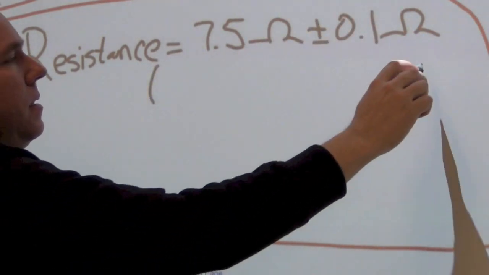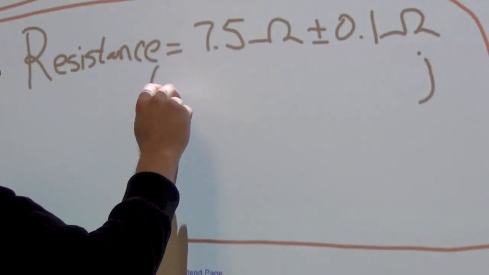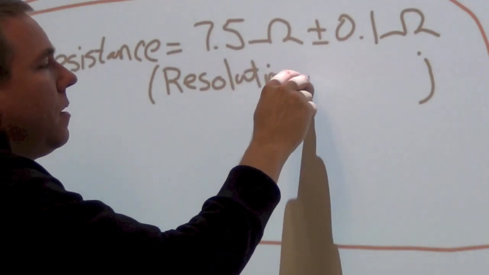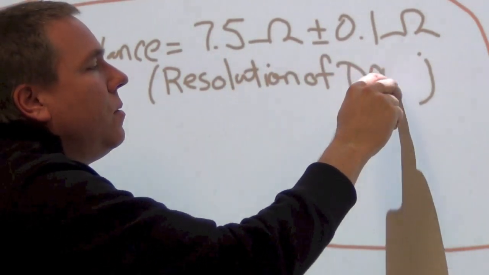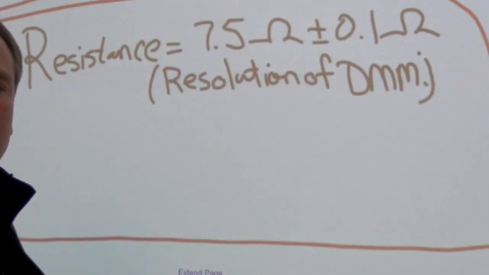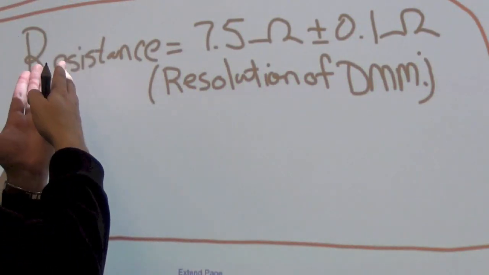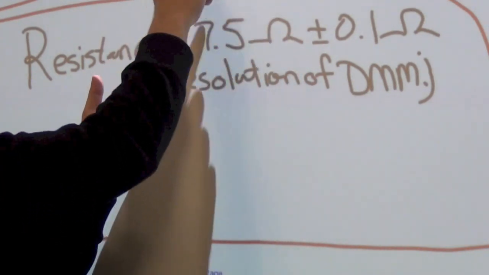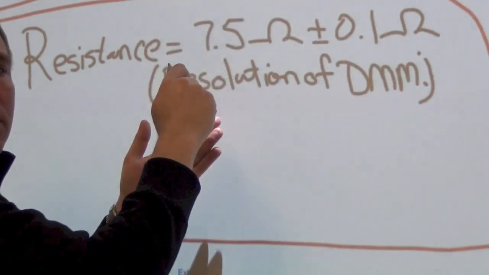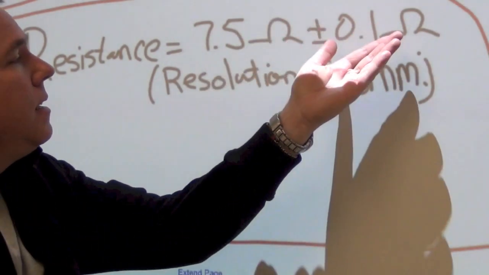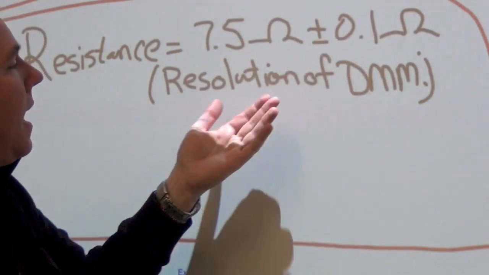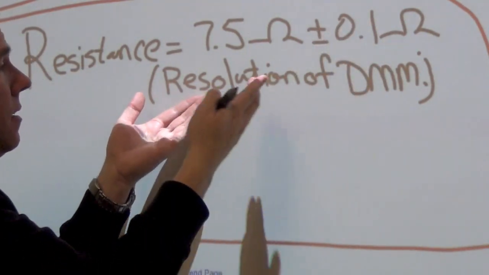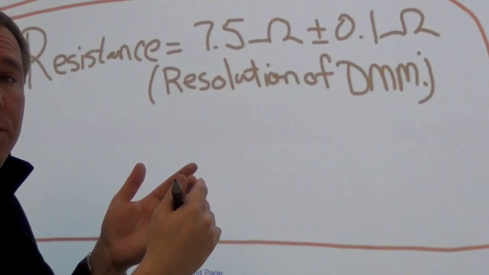And then in parentheses, we'd say that this was the resolution of digital multimeter. So we've just written the name of a measurement, a sample value, and some students will give a range. They'll say 7.5 ohms to 33 ohms, and that's fine. And then plus or minus the uncertainty. And then you justify the uncertainty or explain how did you get this uncertainty. In this case, it was the resolution of the digital multimeter.